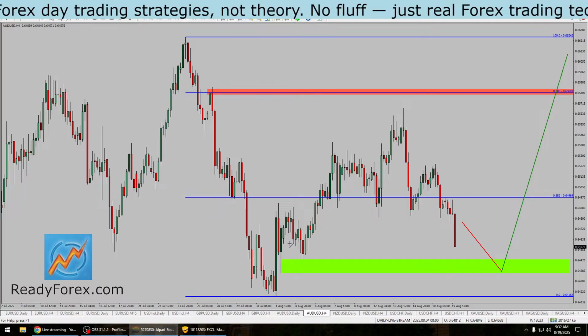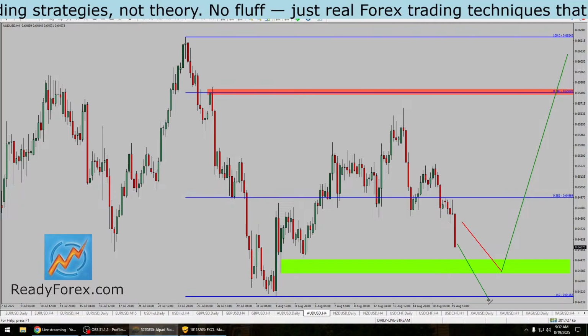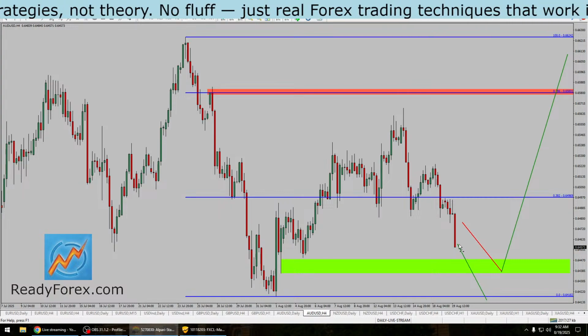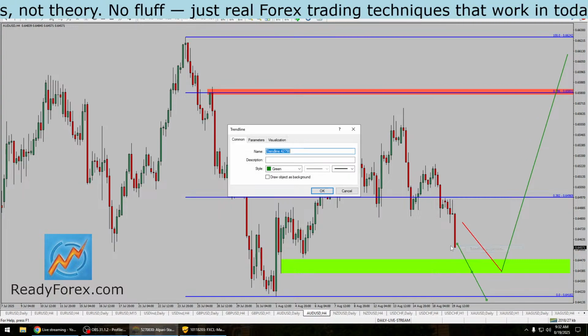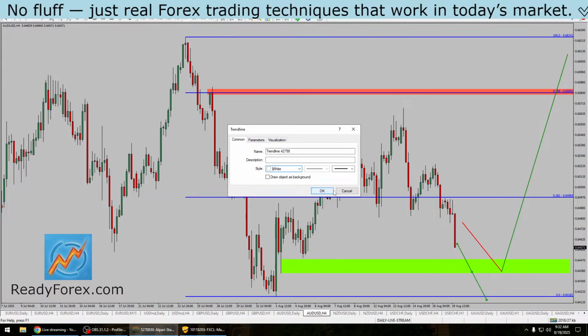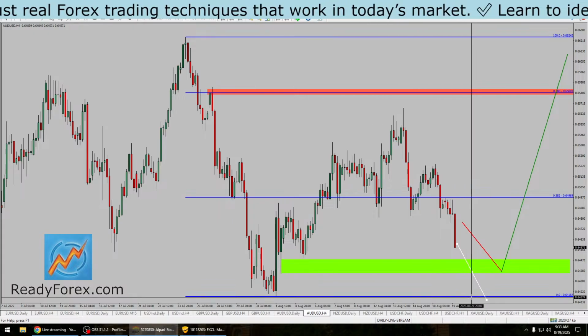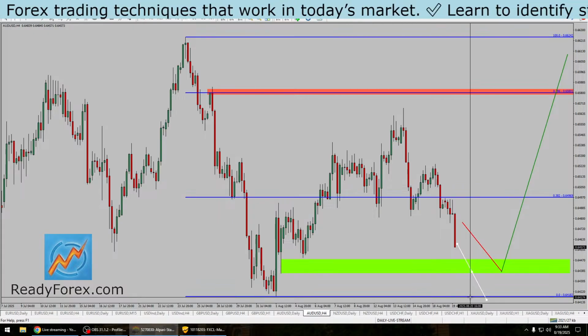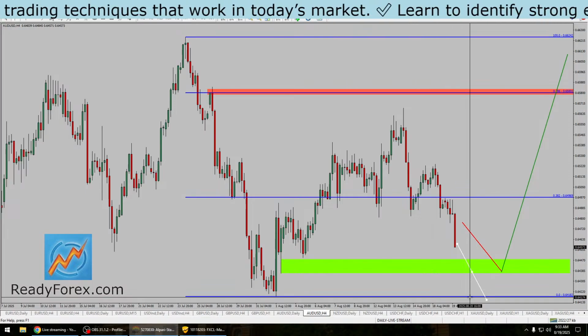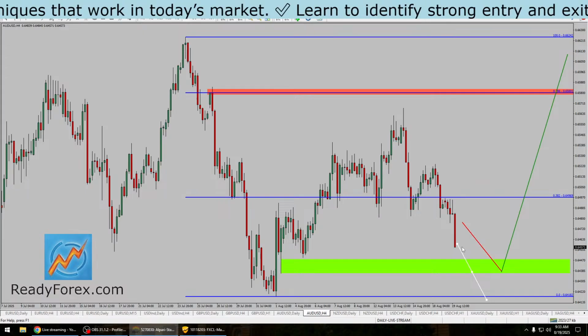Sometimes the market just keeps falling down and takes out the old swing low, breaking below it. So this one is also possible. The market finds a clear new low over here in the price action of AUD versus USD. This one is also possible.